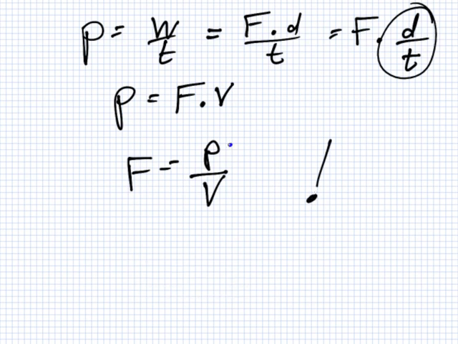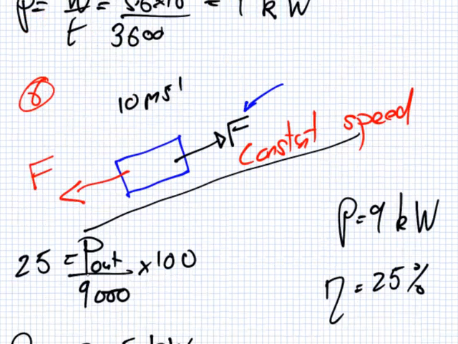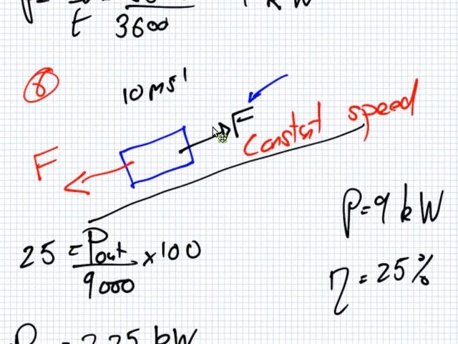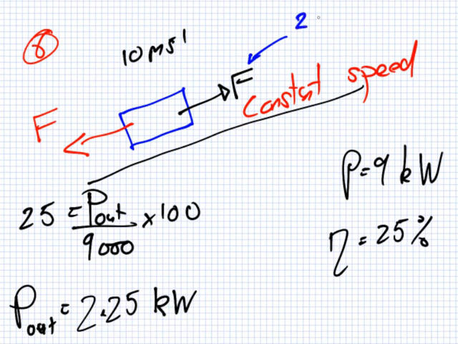Do we know the power? Yes. And do we know the speed? Yes. So we can know the force. Now this was tricky. Can we go back? Yep. So here this will be 2250 divided by 10. So that is 225 newtons.